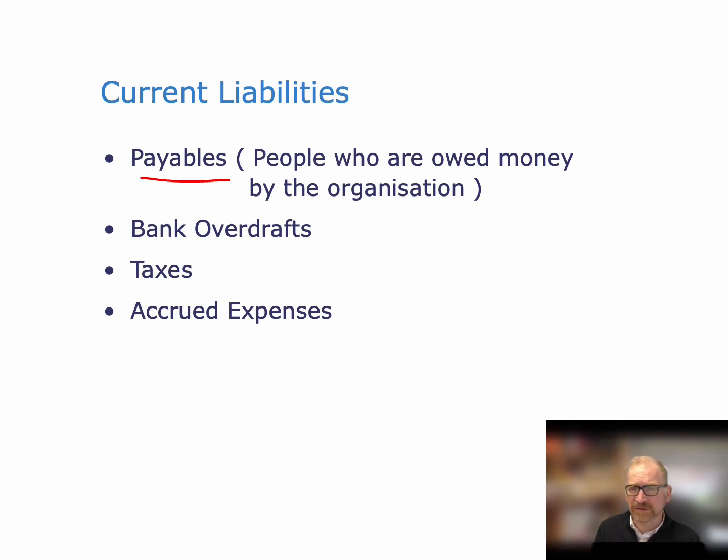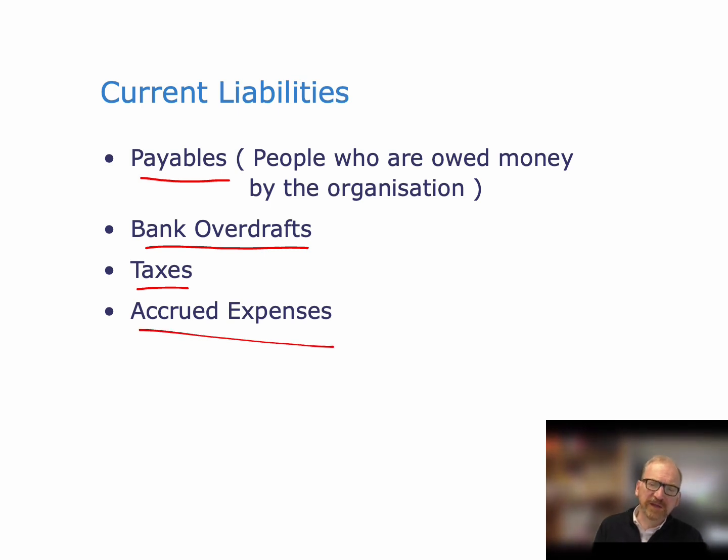So that's an obligation or a liability that will have to be settled in the future. Bank overdraft. So if our bank balance is overdrawn, we don't show it as a minus current asset. It swaps sides and goes on to the liability side.